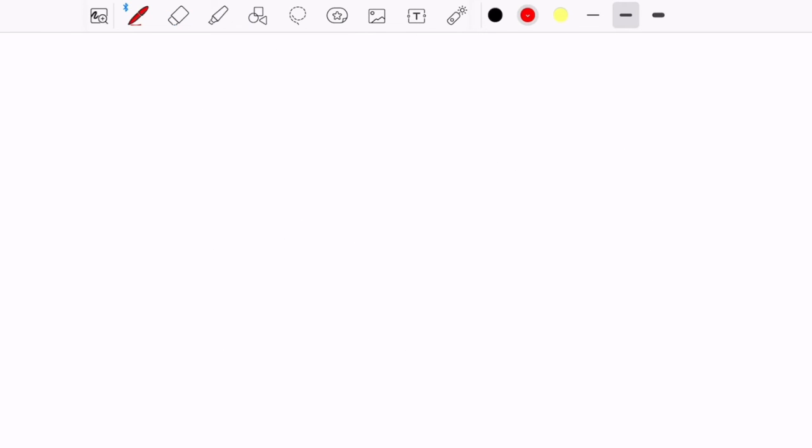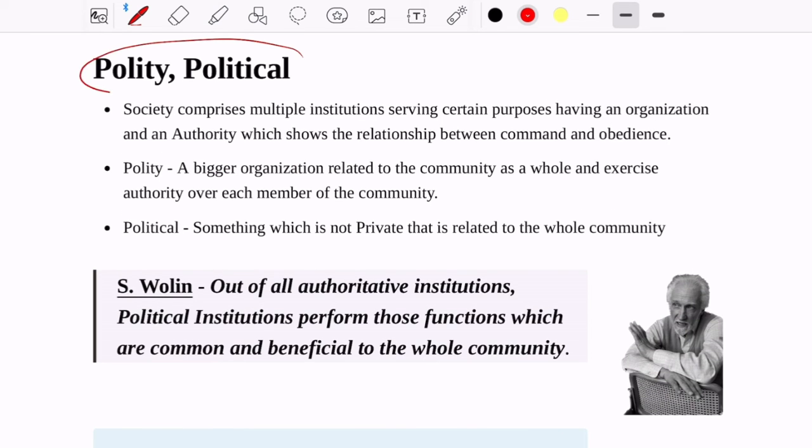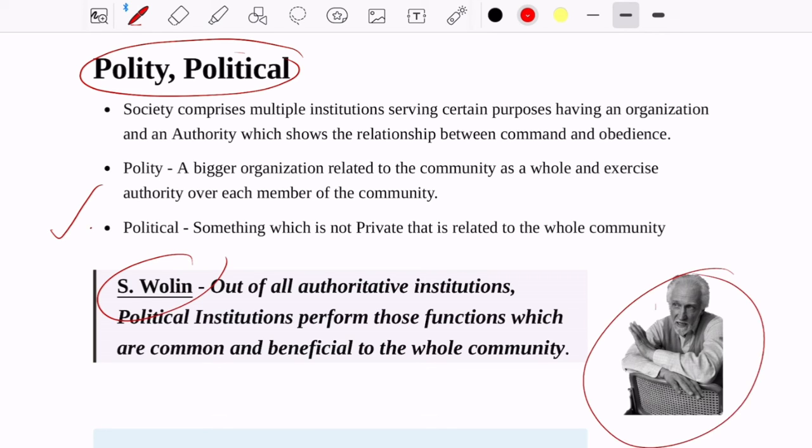See, political theory, in a single line, we can say, is the systematic study of political phenomena. Now wait for a second. As I told you the meaning of political, here is S. Woolen, ये भाई साहब यहाँ बैठे हुए हैं.